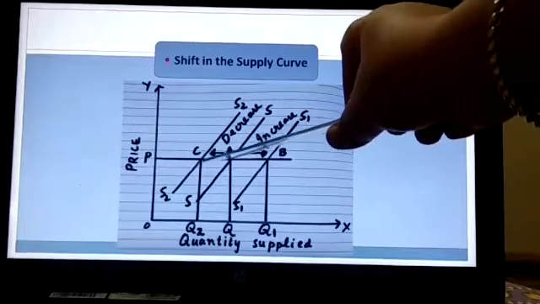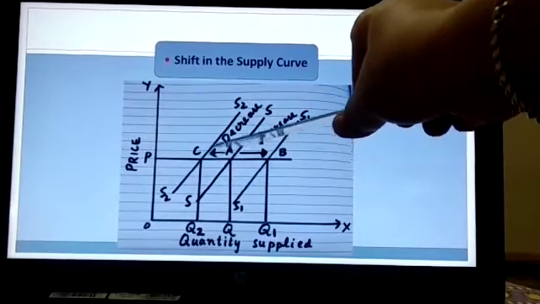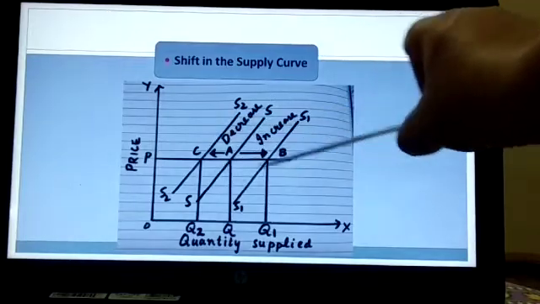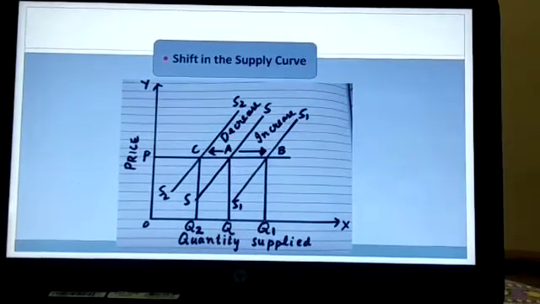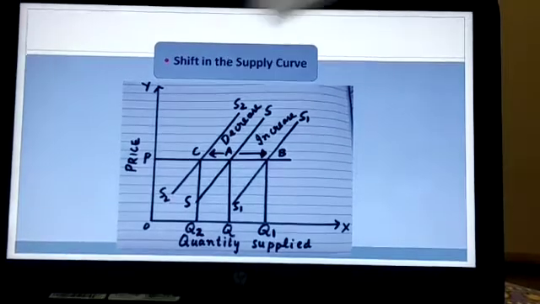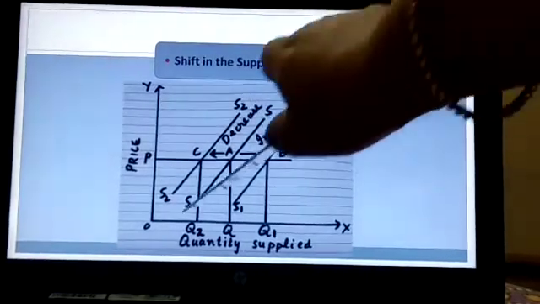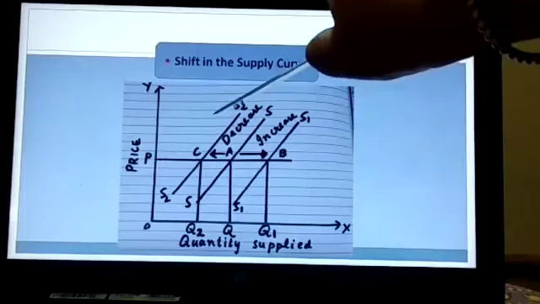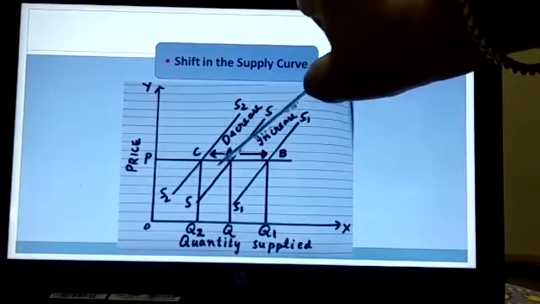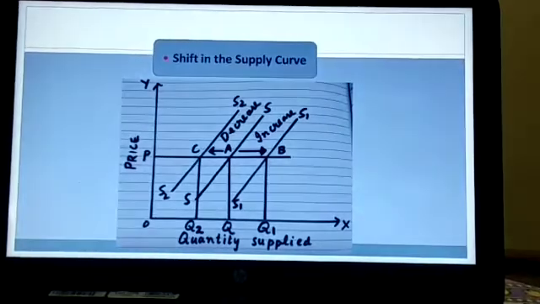So the increase is shown by shift in position A to B, SS to S1. The quantity also increases. And in case the technology used is outdated, there will be decrease in supply. From SS to S2. A to C position shows decrease in supply.